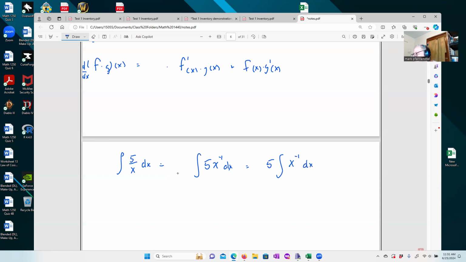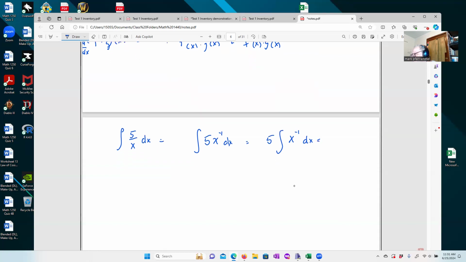Just like derivatives, we can slide those constants through if they're multiplied. Same thing goes with the integral. So this equals 5 times the integral of x to the negative 1, which is natural log of x, and then we have our c. So that's what this answer will be.